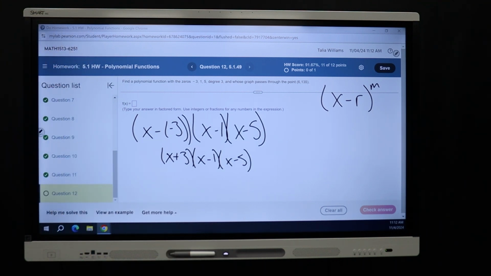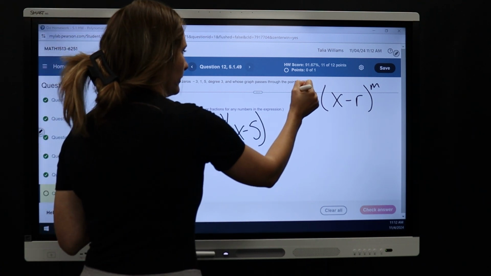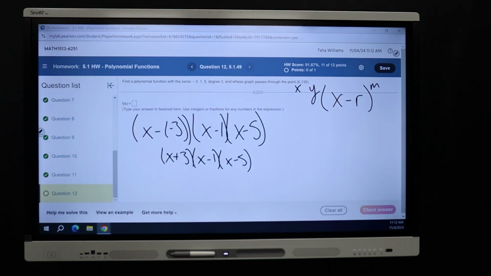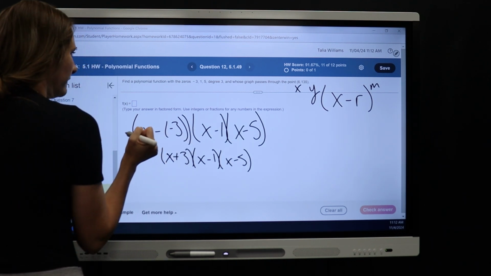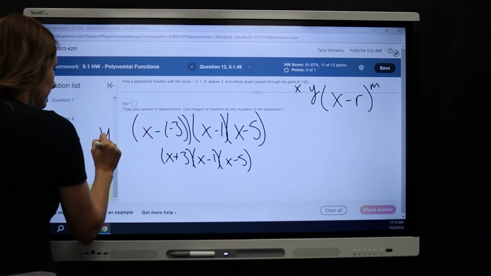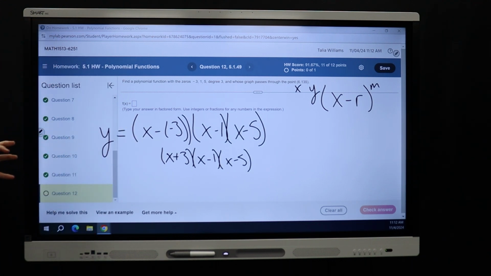Now that's 6 and 135. So this point right here, this is y equals right now.